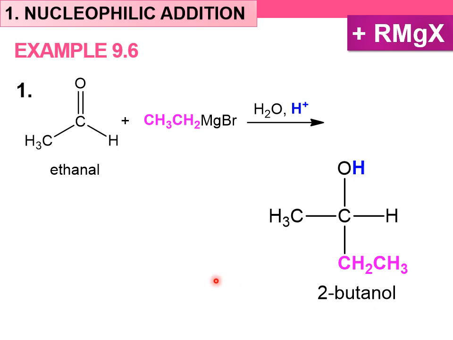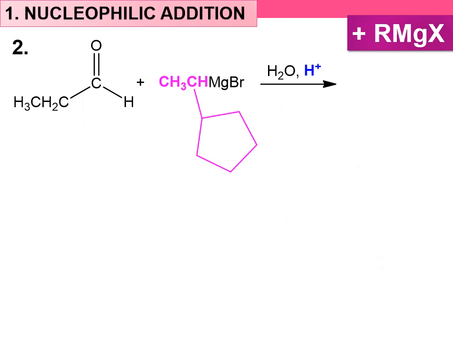Notice that 2 carbons are coming from the aldehyde that we used, and another 2 carbons are coming from the R of the Grignard reagent. So total is 2 plus 2 equals 4 carbons. It became 2-butanol.